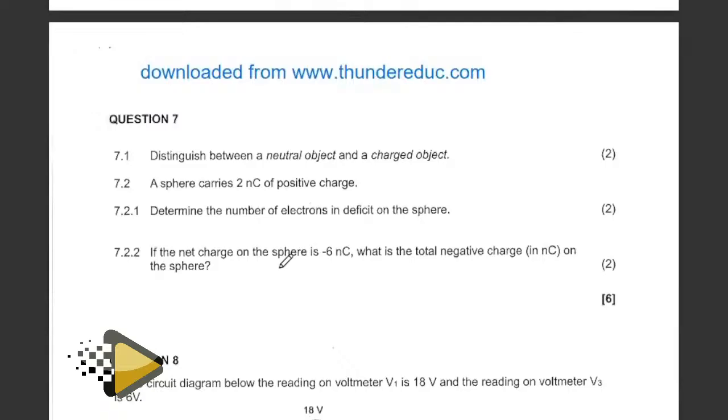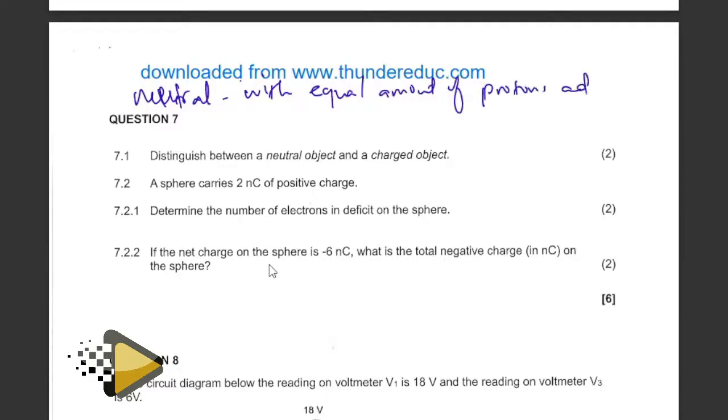Question 7. They want us to distinguish between a neutral object and a charged object. A neutral object is one with equal amounts of protons and electrons, which means it has the same positive and negative charges.